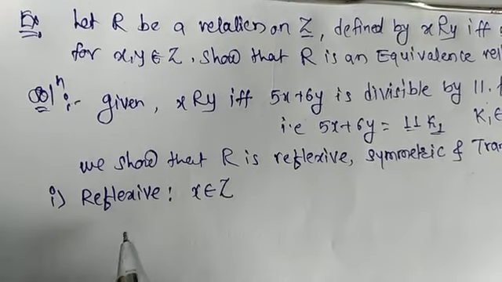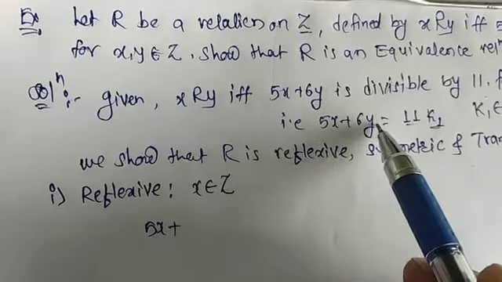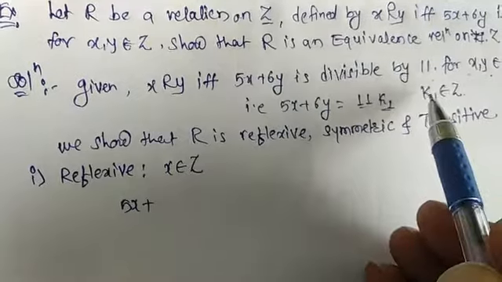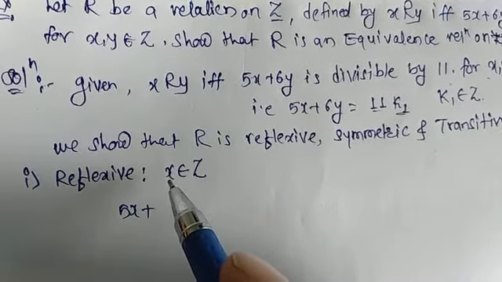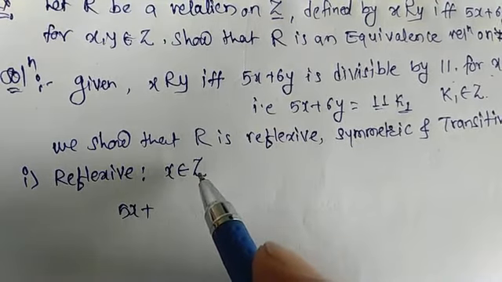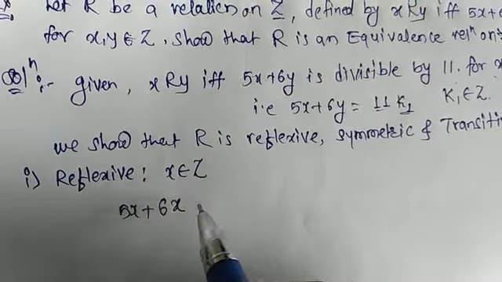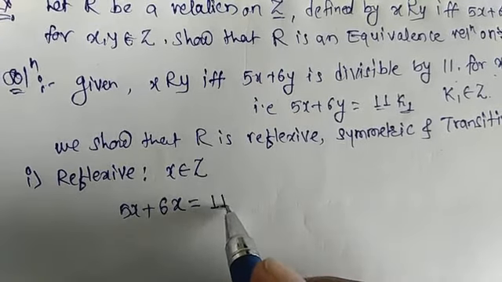Here it is given 5x plus 6y, but we are considering only one element from Z, so x belongs to Z only. It can be written as 5x plus 6x, and its addition is equal to 11x.